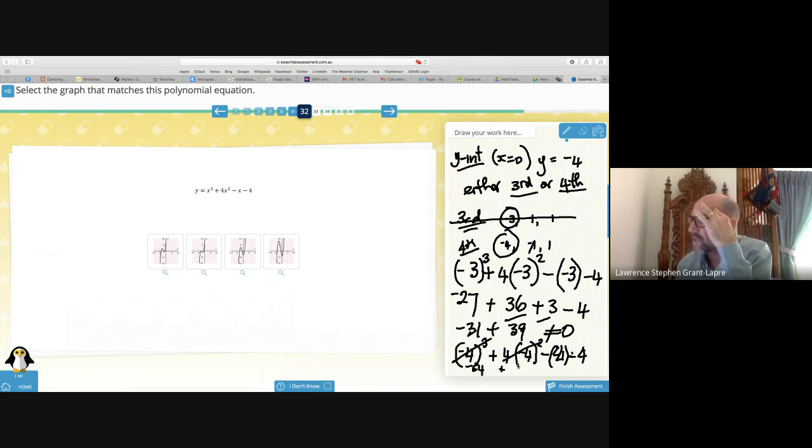This is positive 64. This is plus 4, minus 4. Yeah, it's 0. So it's going to cross at negative 4. It has to be the last graph. See, we didn't have to factorize. You could have factorized and worked out which graph, but we didn't bother this time. We used different strategies.